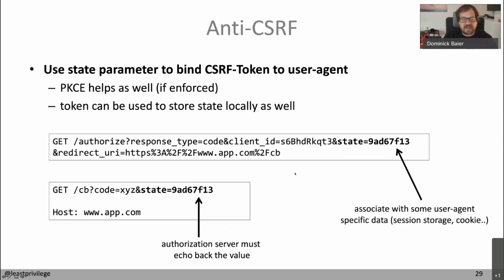And since again the attacker cannot know that secret up front, clients can detect that whatever callback they just got sent does not correlate to any request they made in the first place. So the recommendation is to do both. Implement PKCE as well as the anti-CSRF technique with the state parameter, so that you have a little bit of defense in depth.